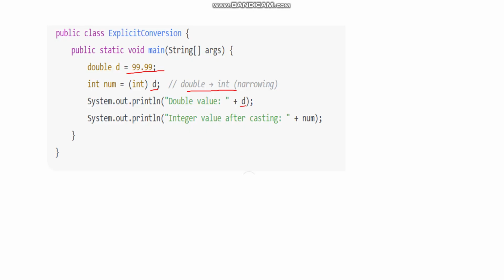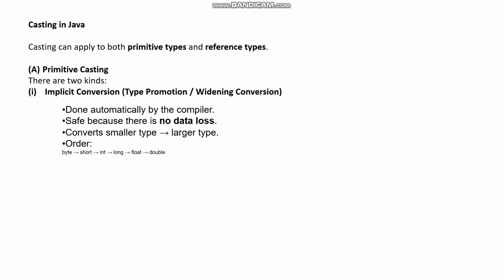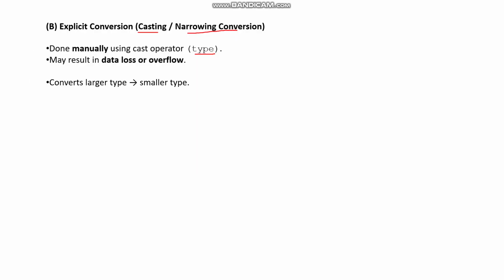System.out.println the double value is 99.99, but the integer value after casting is 99 only. We are losing this data here, 0.99 will be lost. That's why in explicit conversion, data loss will occur.